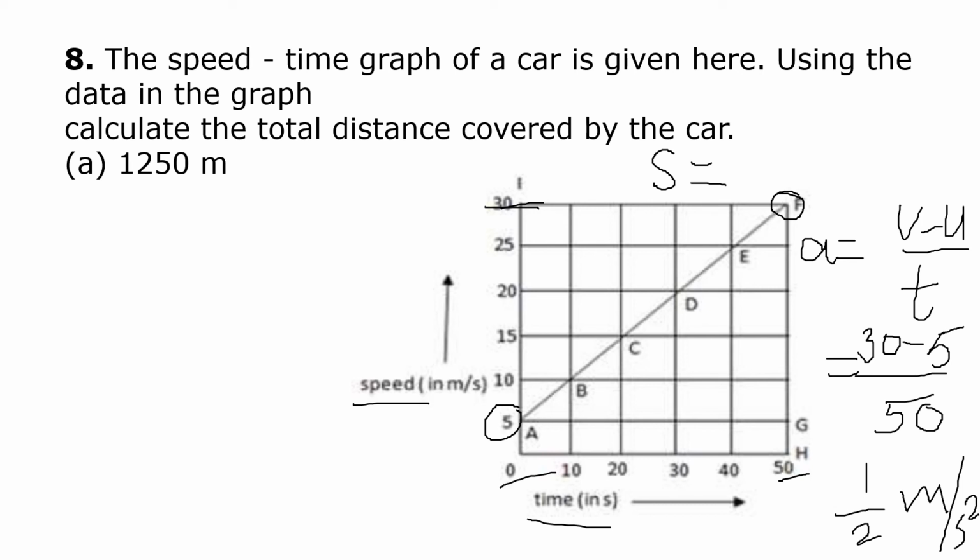Then we have to substitute this in the formula. Either we can go for the second equation or the third equation. Whichever is easy, you can use. I am using v square minus u square by 2a.